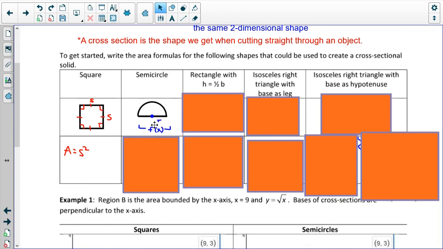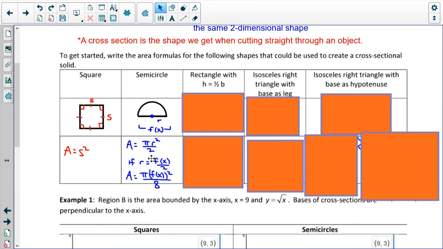Well, actually, that's true all the time. But if we're going to have the base of the semicircle be the diameter, and that's typically what ends up happening in these shapes, then the function length is actually the length of 2 radii. And so the area formula for a semicircle is pi r squared over 2.